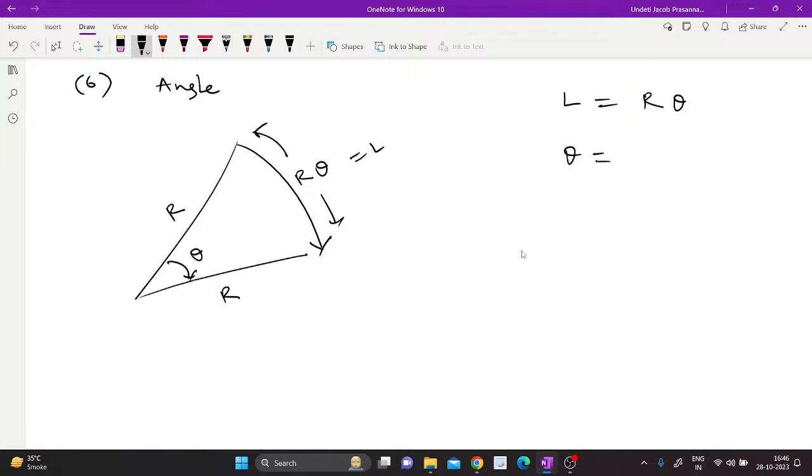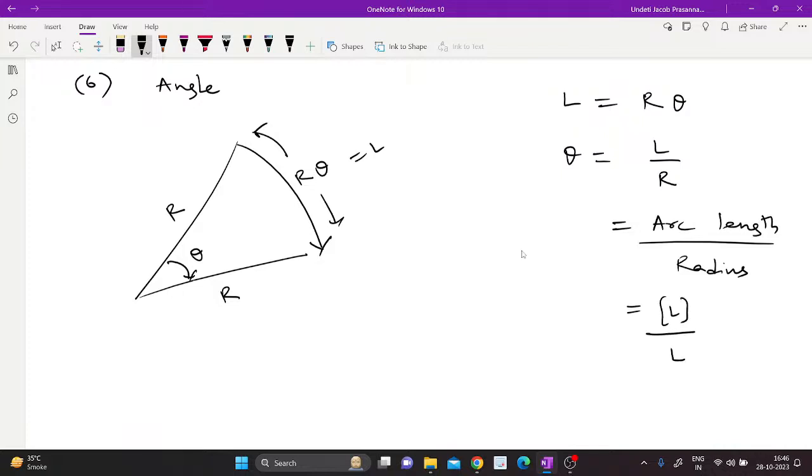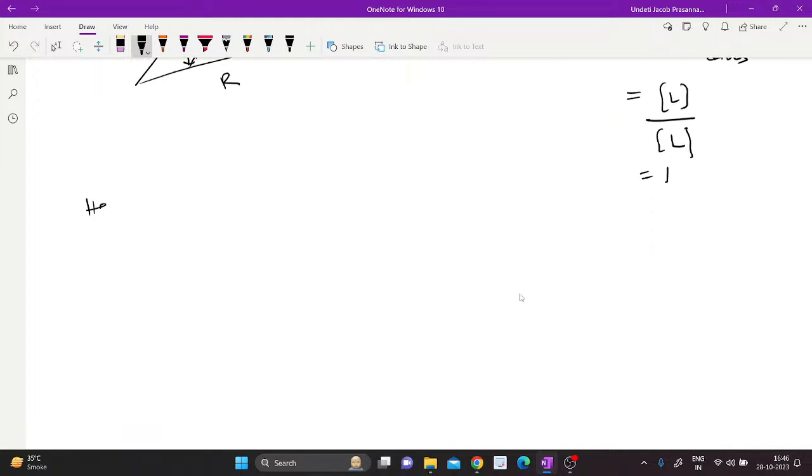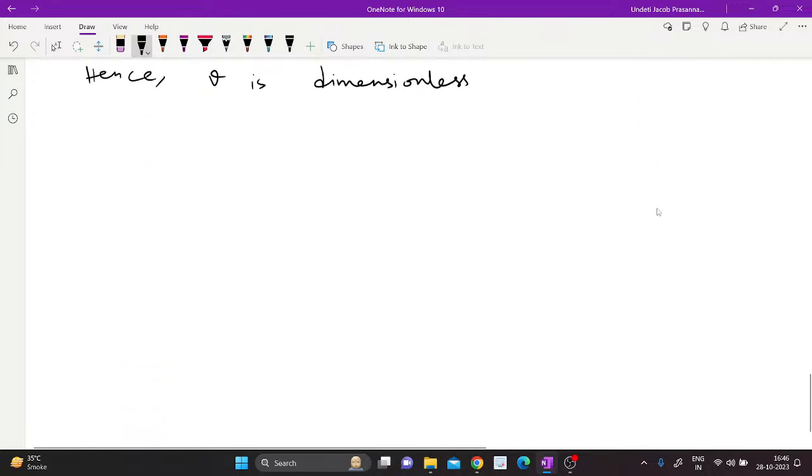So angle theta is given by the formula L by r, that is arc length by radius of the curve. Arc length dimensional formula is L, radius dimensional formula is also L. So this is 1. Hence theta is dimensionless. Basically theta is simply dimensionless.